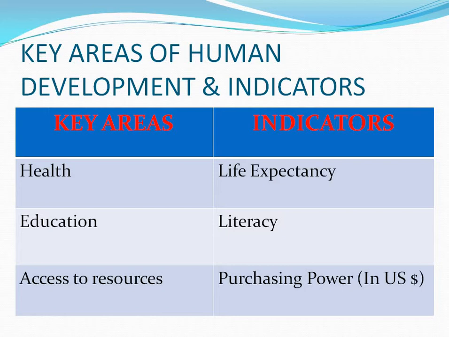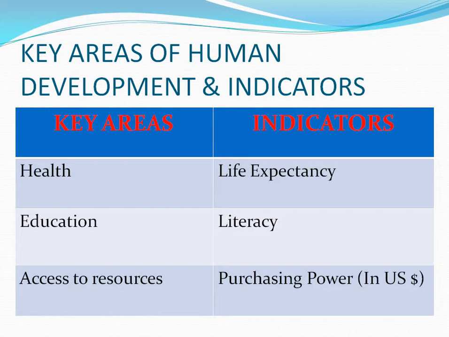And the third one is access to resources, and its indicator is purchasing power. It means access to resources is measured in terms of purchasing power in US dollars. So, three key areas: health, education, and access to resources.